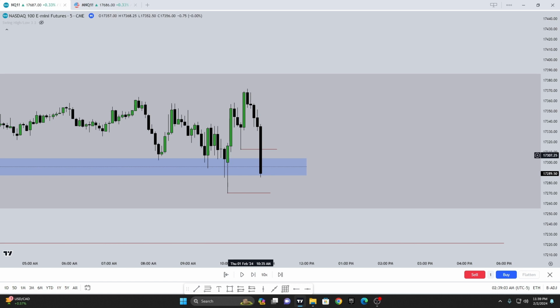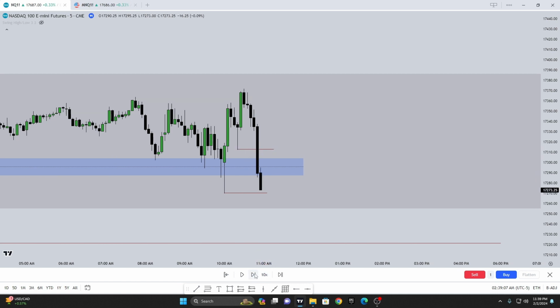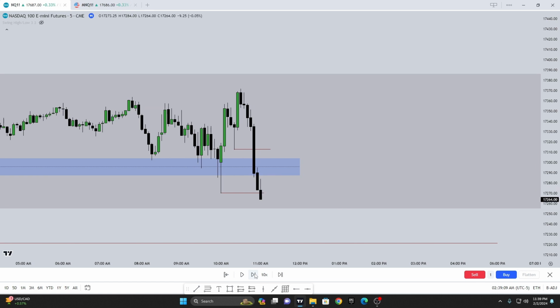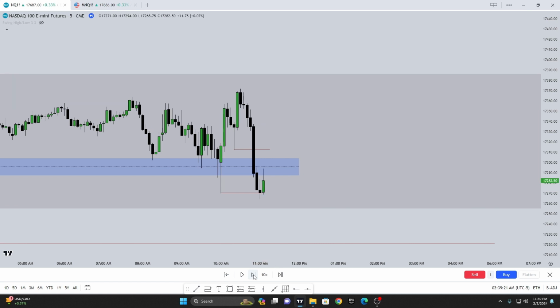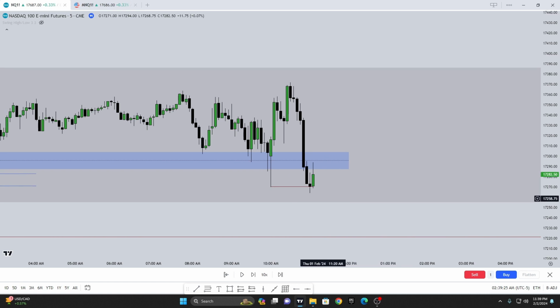Okay. Price takes out that first internal swing low, but no candle close up. Okay, price takes out this other swing low, this external swing low. Now we're just going to wait for a candle close up. Okay, and looks like we do. And we're still sticking to the bias.